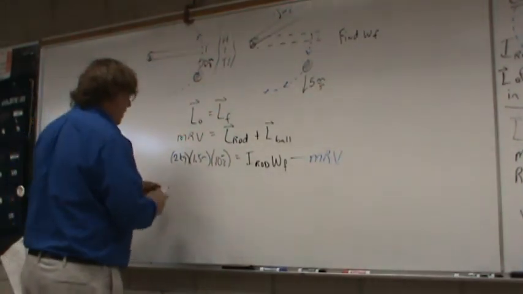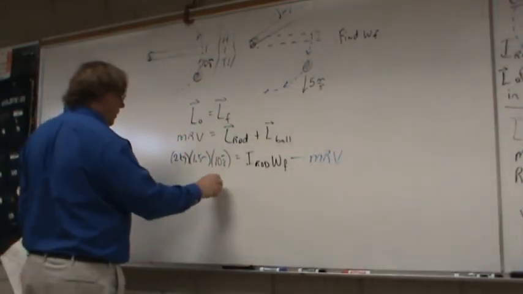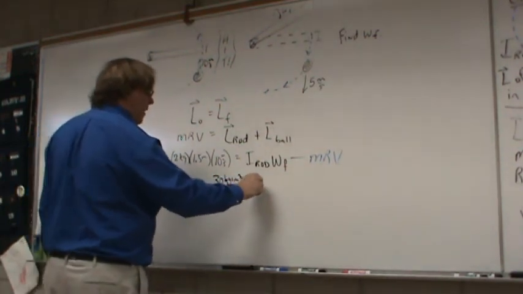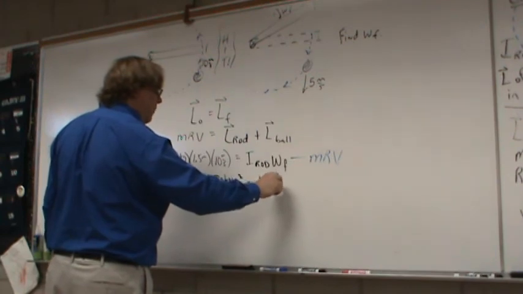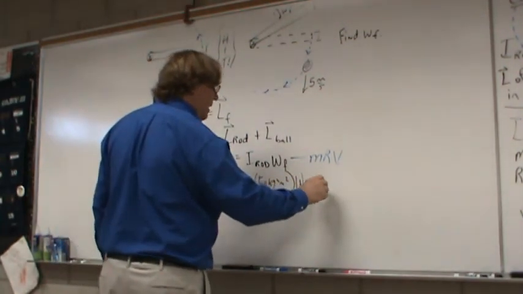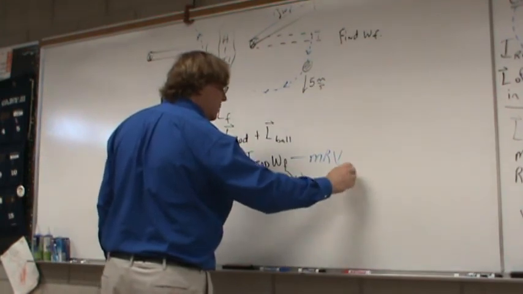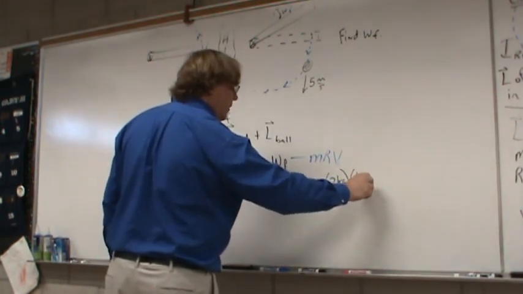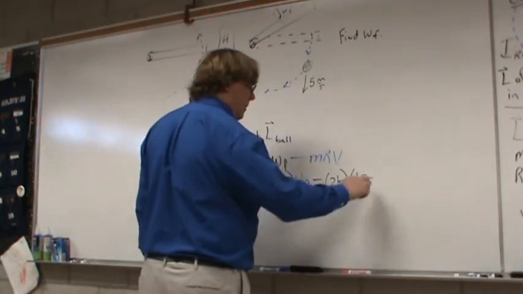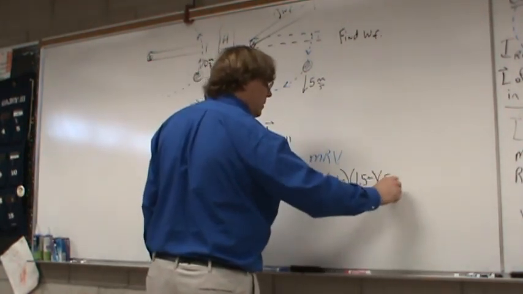So now I've got 30 kilogram meters squared per second. I've got 50 kilogram meters squared times omega F minus 2 kilograms times 1.5 meters times 5 meters per second.